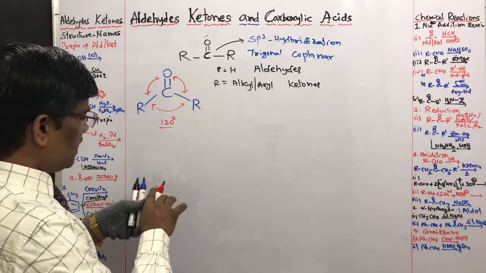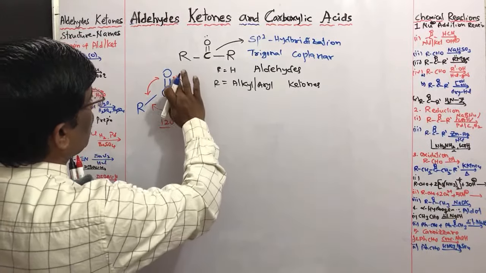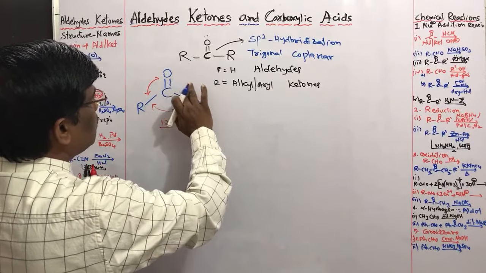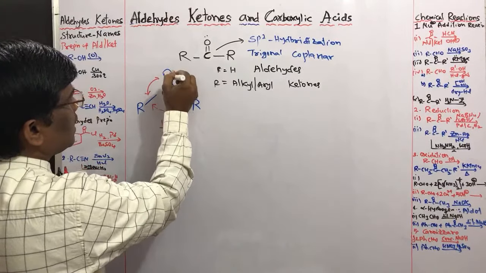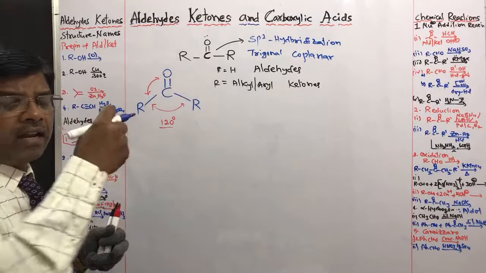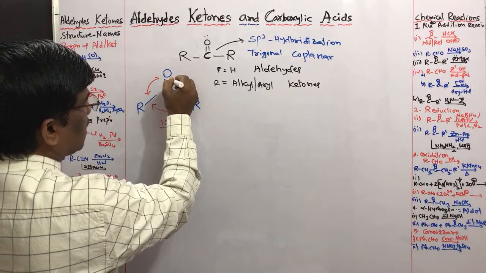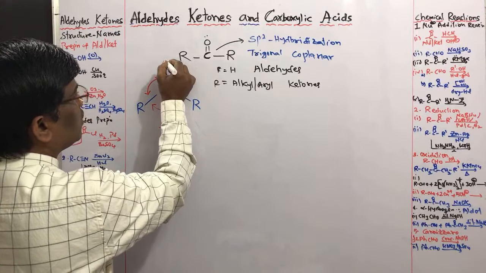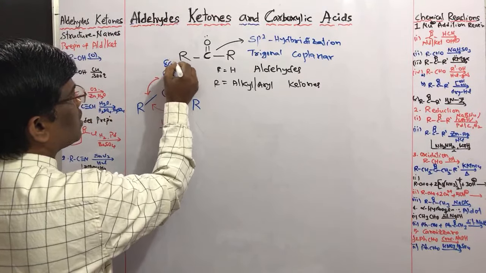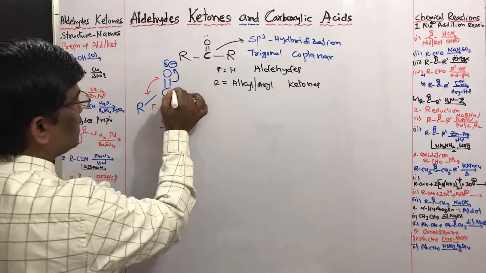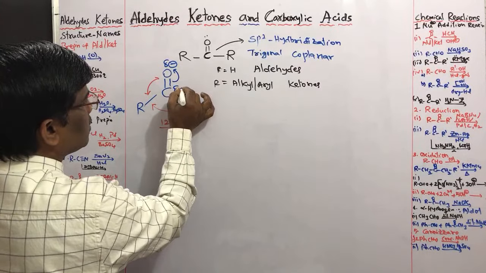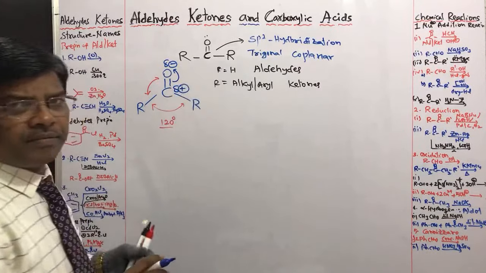What else? These compounds are highly polar because oxygen is an electronegative atom which pulls the electron density towards it to attain a partial negative charge, and this carbon attains a partial positive charge.